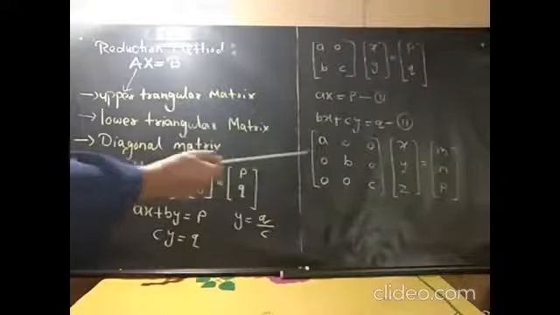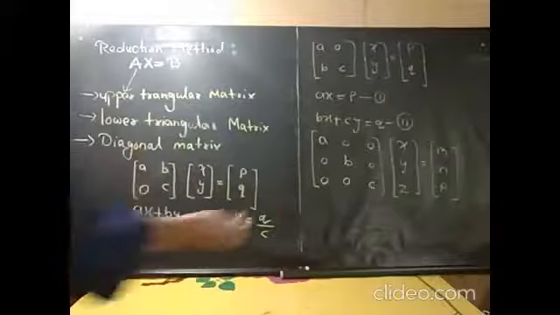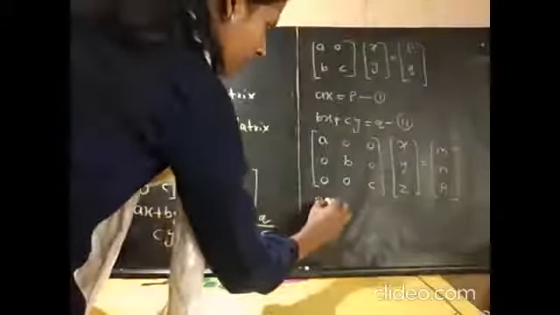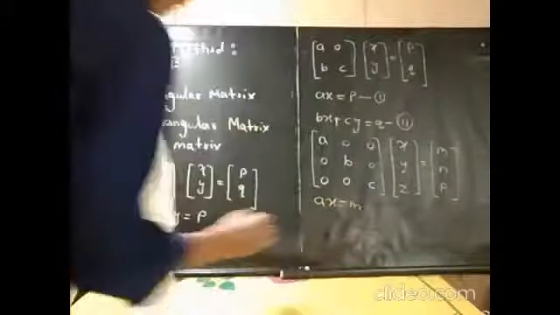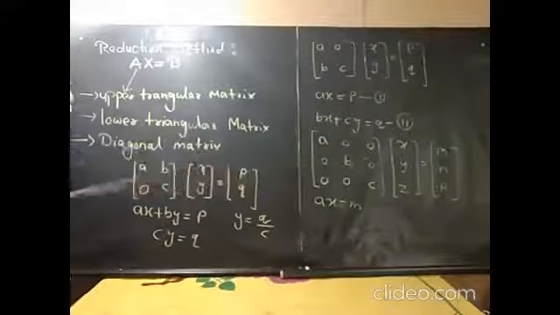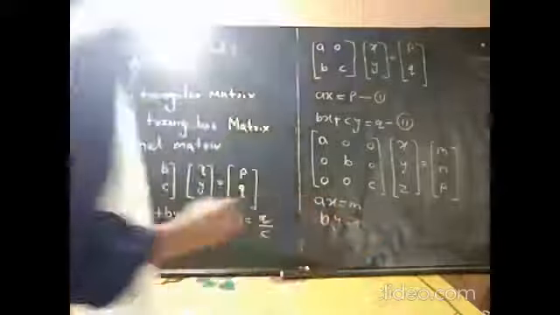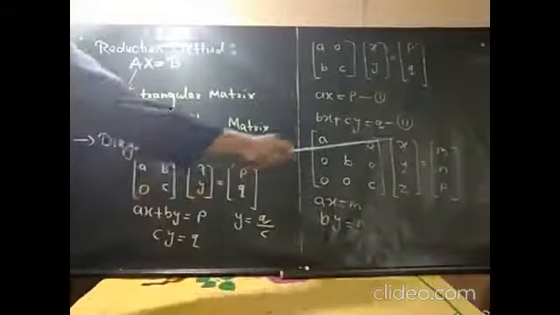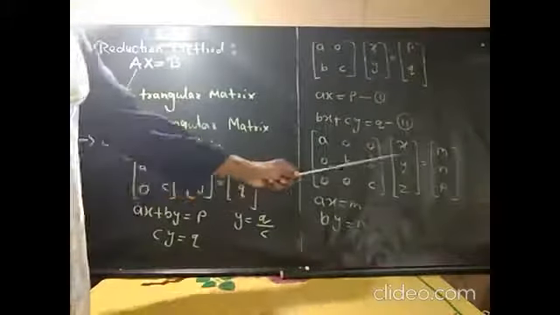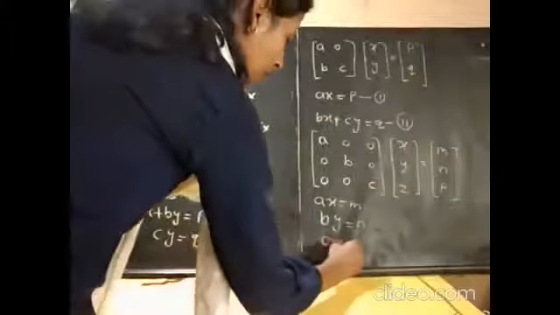Children, in the diagonal matrix, A into X, AX plus 0Y plus 0Z. See, you are getting directly AX equals to M. Then 0X plus BY plus 0Z, that means you are getting BY equals to N. 0 into X plus 0 into Y plus C into Z, means you are getting CZ equals to P.